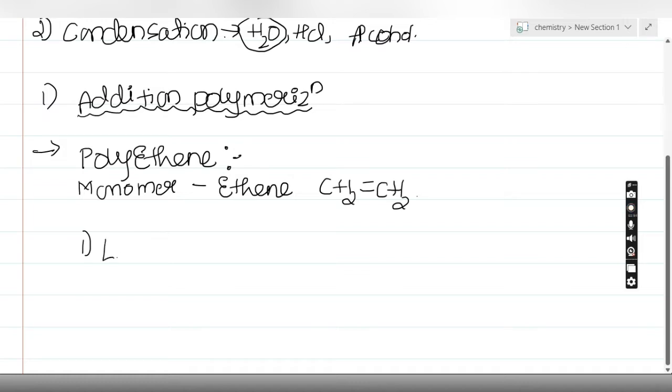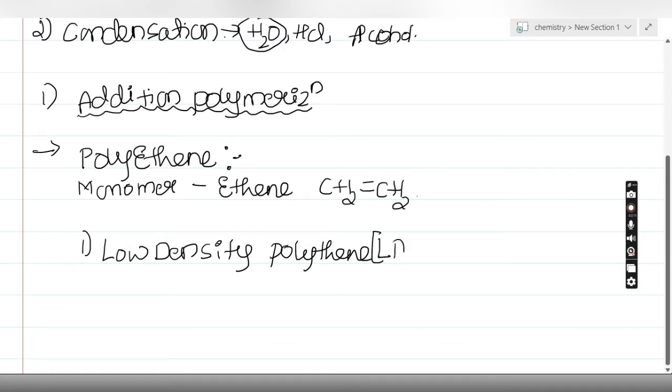One among them is low density polyethene, which is commonly called polythene, but it is actually polyethene. This is shortened to LDPE. The word LDPE stands for low density polyethene.